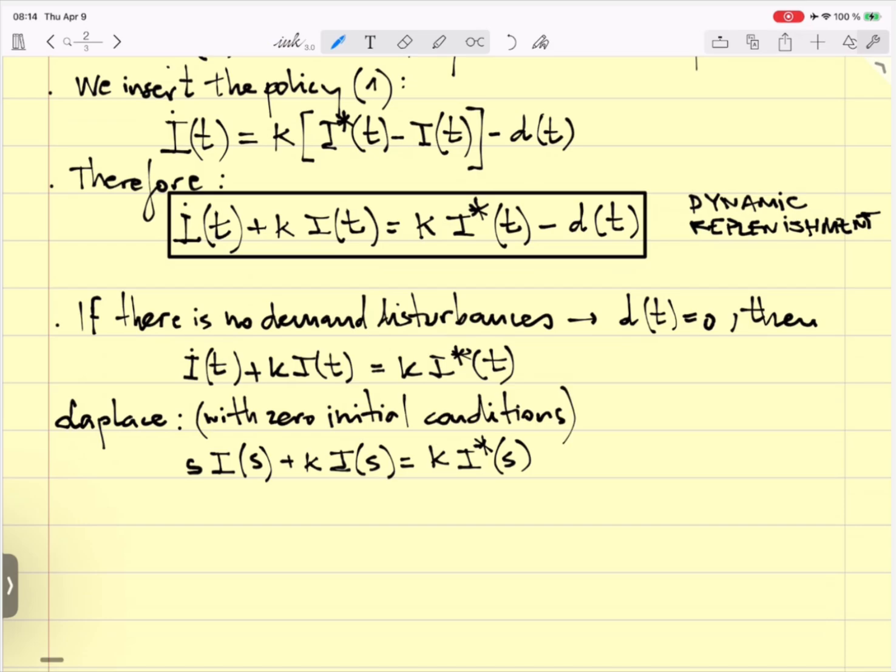As we have seen, we need to subtract the initial conditions, but we make our lives easier now. As a result we get that I of S divided by the target equals K divided by S plus K.